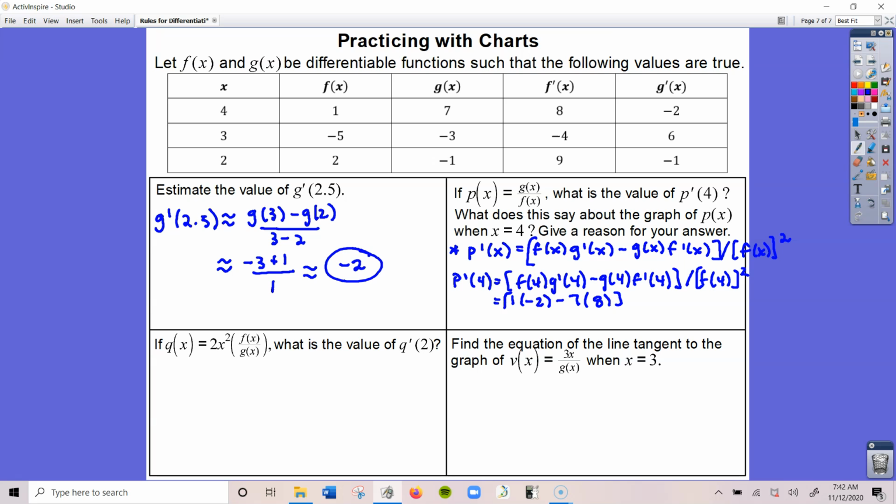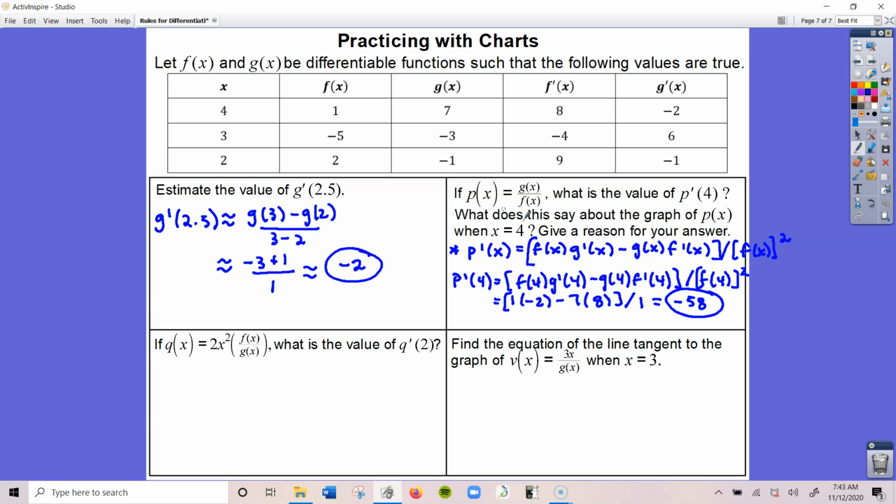And everything is over f of 4 squared, which is just 1. So now again, let's get this actual numerical value. We have in the numerator -2 minus 56, and -2 minus 56 is -58, which is over 1, so -58 is my slope.